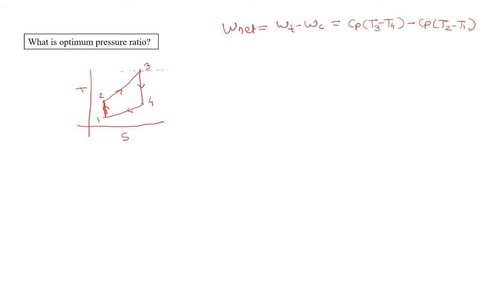However, we have assumed here that Cp is constant, and then we have calculated T4 and T2, and obviously these temperatures are calculated based upon the pressure ratio. So we can replace T4 and T2 in terms of pressure ratio.